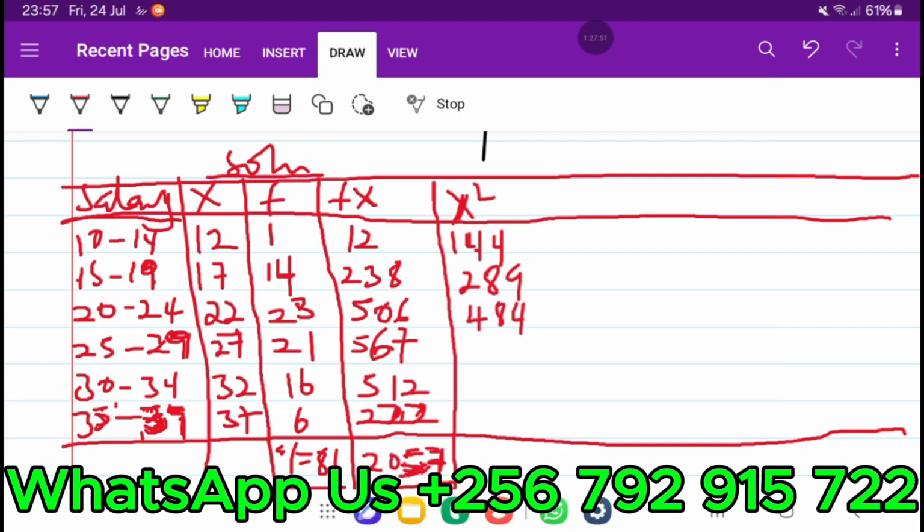Then 27 squared gives you 729. Then 32 squared will give you 1024. Then finally 37 squared, giving you 1369. We don't need the total of this x squared, but what we need is the fx squared.